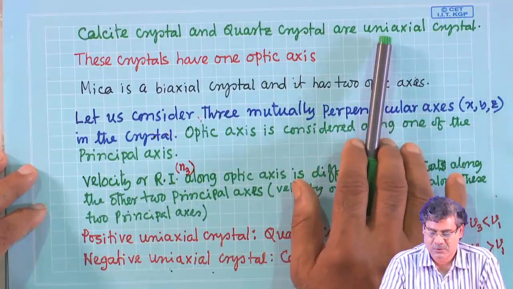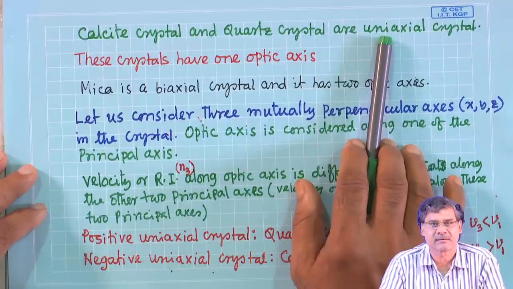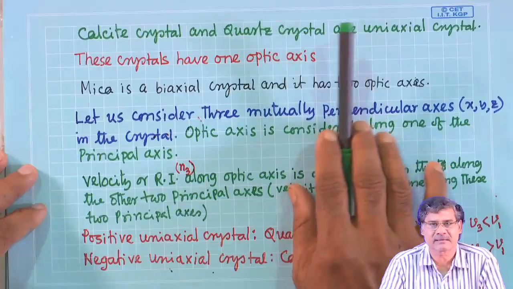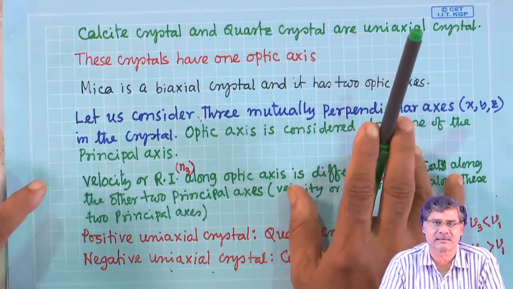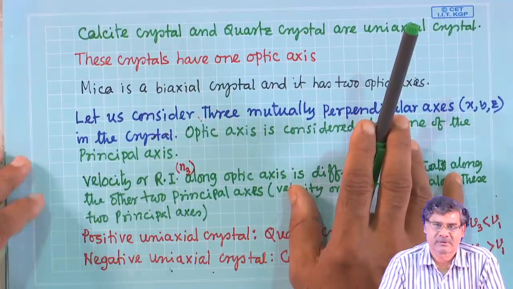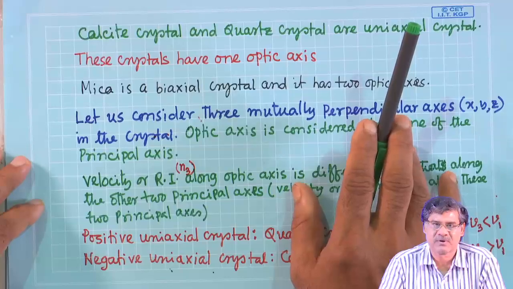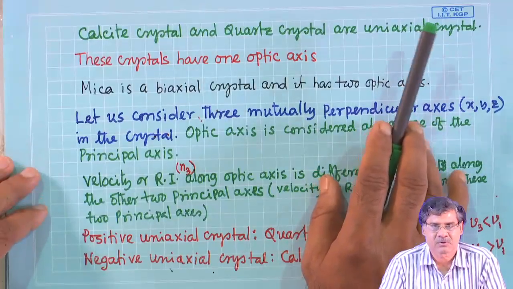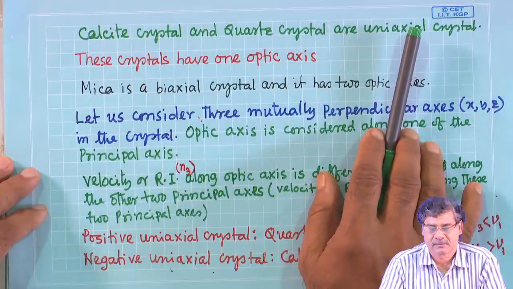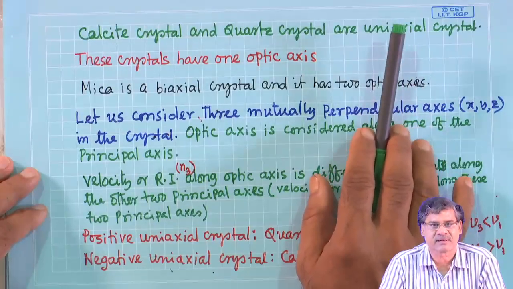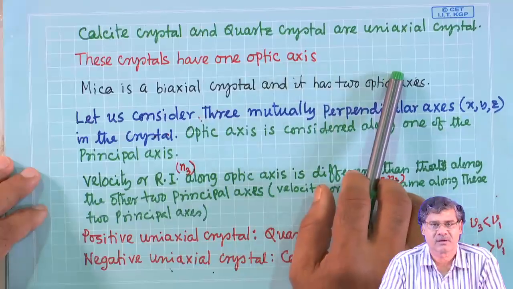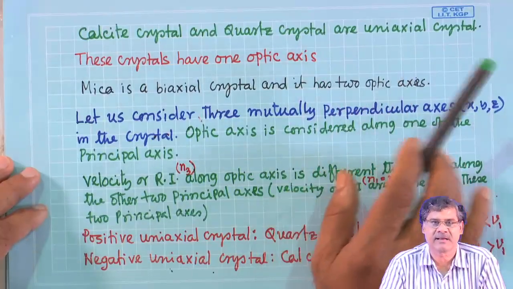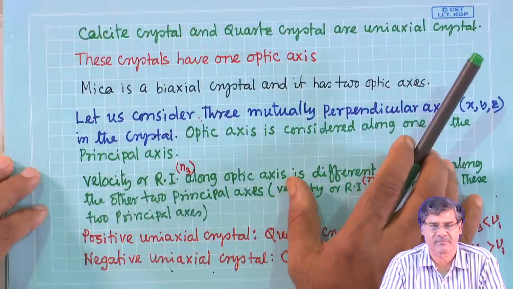If you consider three mutually perpendicular x, y, z Cartesian coordinates, in one direction the property is different from the other two directions. In the other two directions the properties, refractive index or velocity, are the same.